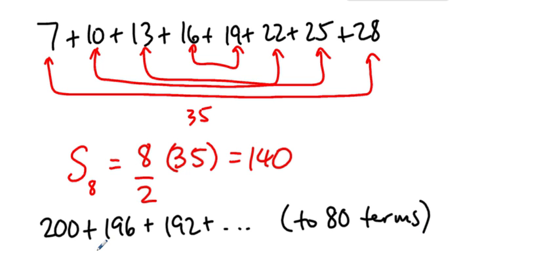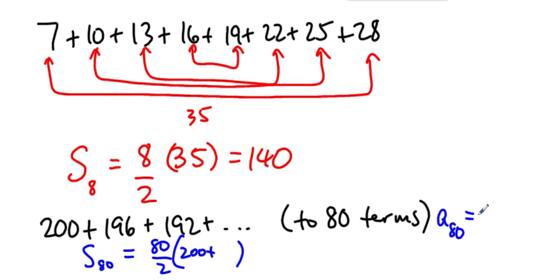Well, we would know that the sum of 80 terms, there's going to be 40 pairs, and then I just have to know what the pairs add up to. So I would add up the 200 to whatever the last term in the list is. Oh, wait a minute. We have a way to do that. We know how to find the 80th term of an arithmetic sequence.